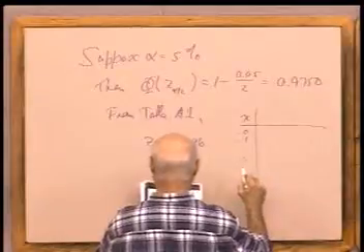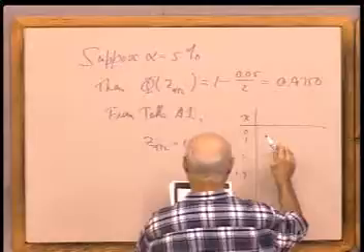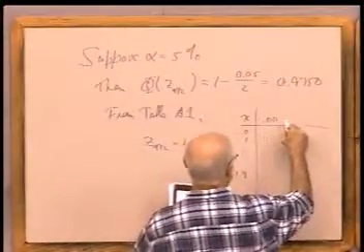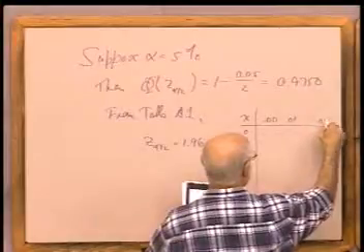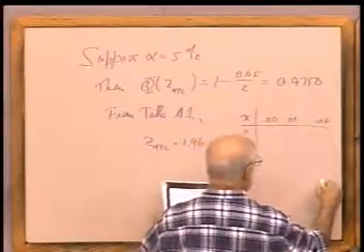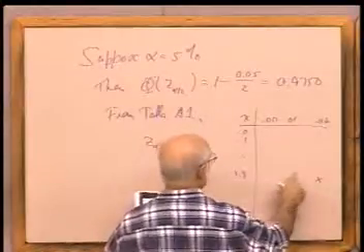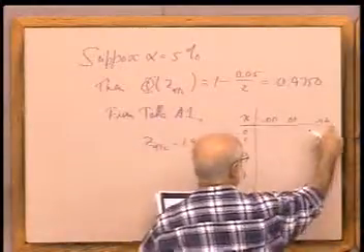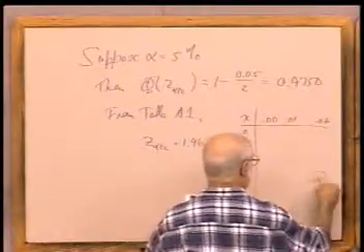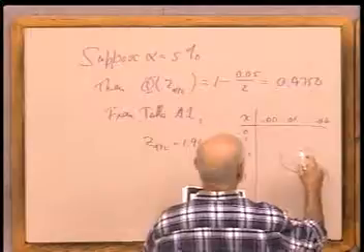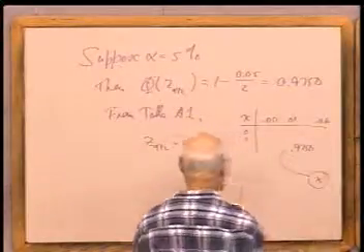And if you go down to 1.9, and then over to, here's 0.00, 0.01, and so forth, and here's 0.06. So the entry right here would be the value that would be capital Phi of 1.96. Now, if you look that up in the table, you will see that this value right here is exactly 0.9750.